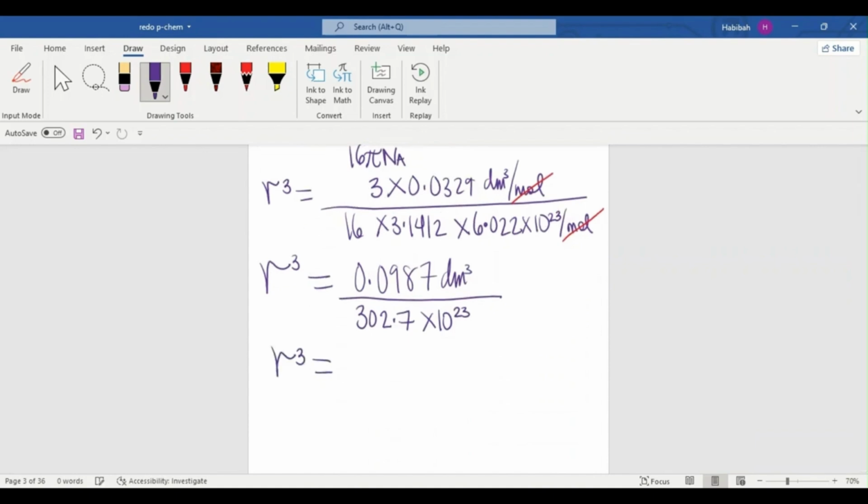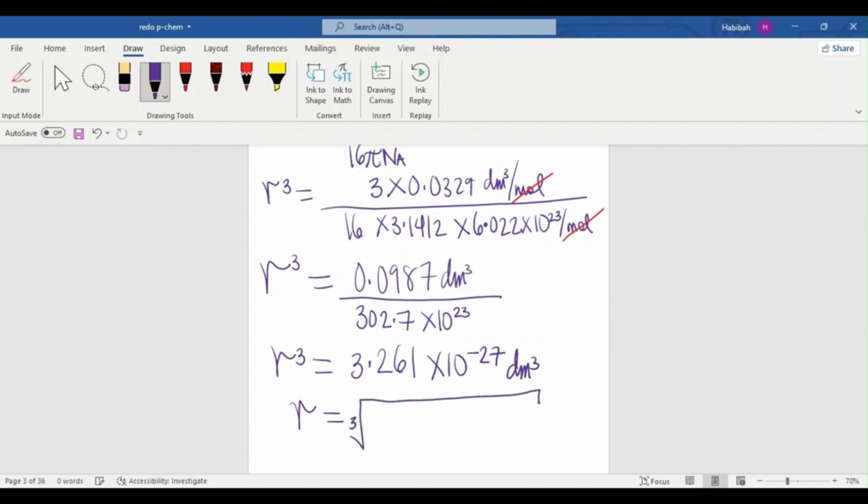Now of course, you put this information in your calculator and do the division. So r cube is going to be 0.0987 dm cube divided by 302.7 times 10 to the power 23. When you put it in your calculator, you end up with 3.261 times 10 to the power of negative 27 decimeter cube. Now we can determine the value for r by taking the cube root of this.